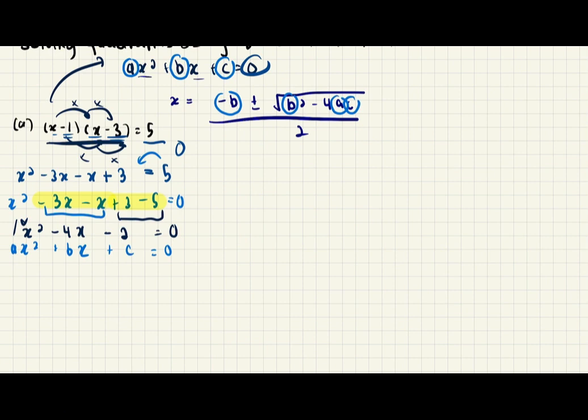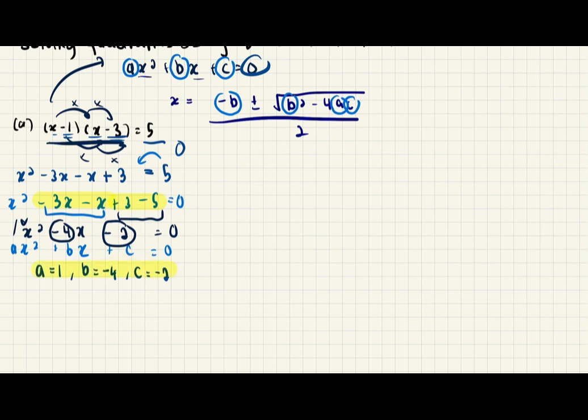Our b is negative 4, our c is negative 2. You must write that down so that it's easier for you. So firstly our a is 1, our b is negative 4, our c is negative 2.